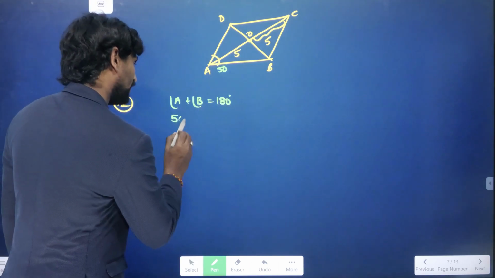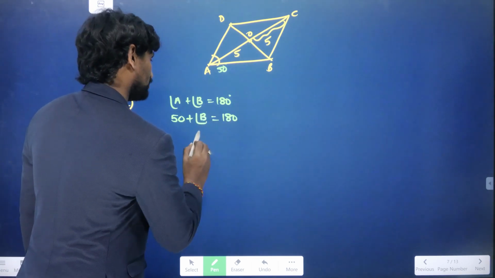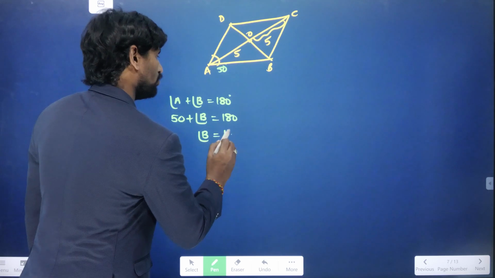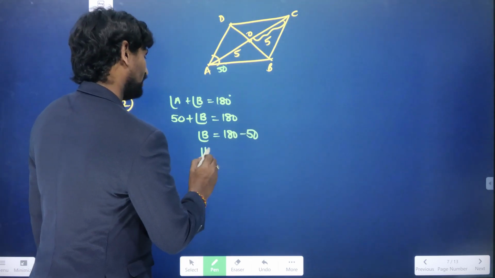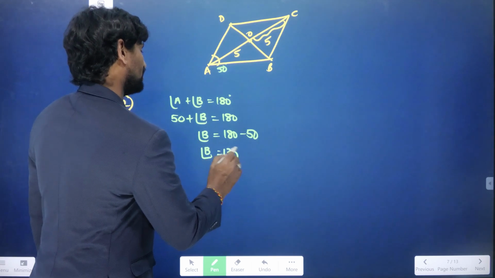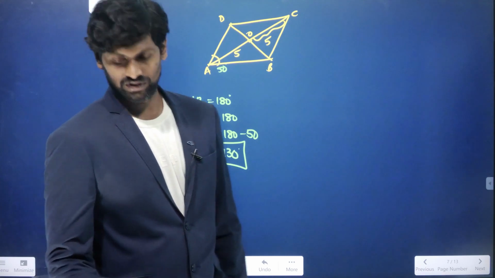Angle A, 50 degrees, plus angle B equals 180. So angle B equals 180 minus 50, which is 130 degrees. Please check.